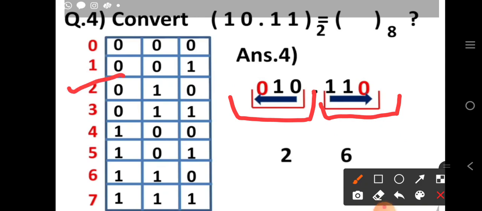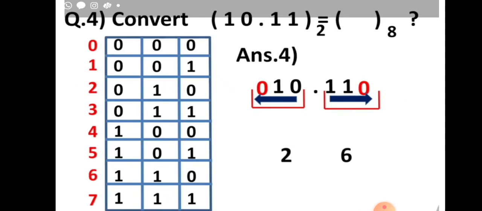It is for the digit 2, so we write 2 here. Then we write the decimal point as it is, and 110 is for 6, so we write 6. It means the binary number 10.11 is converted into 2.6, which is an octal number. So this is question number 4.